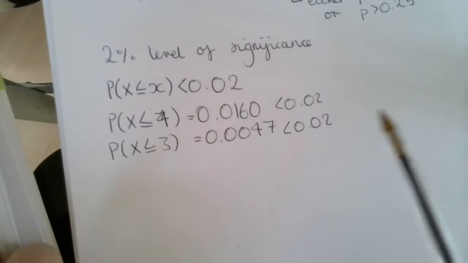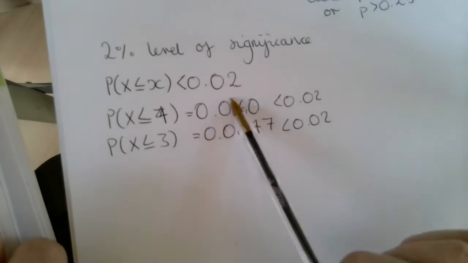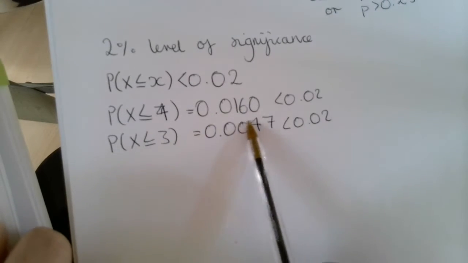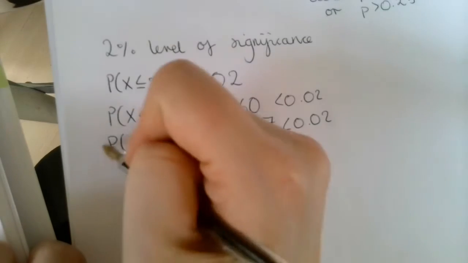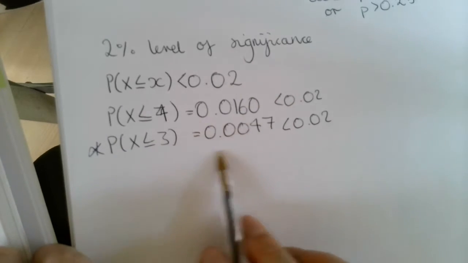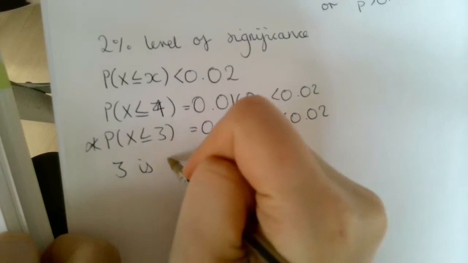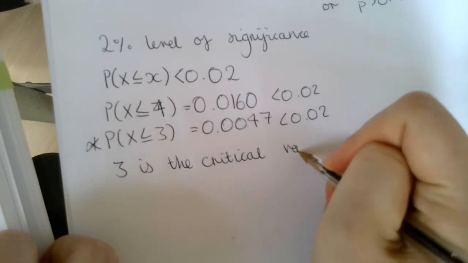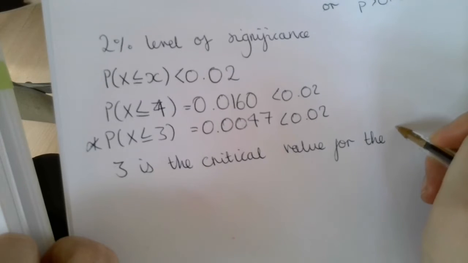We want the value that is closest to 0.01, and I know that 0.01 lies between both of these values, so now I just need to inspect which value is closest to 0.01, and it's this one here. So the probability that x is less than or equal to 3 is closest to 0.01, so 3 is the critical value for the lower tail.